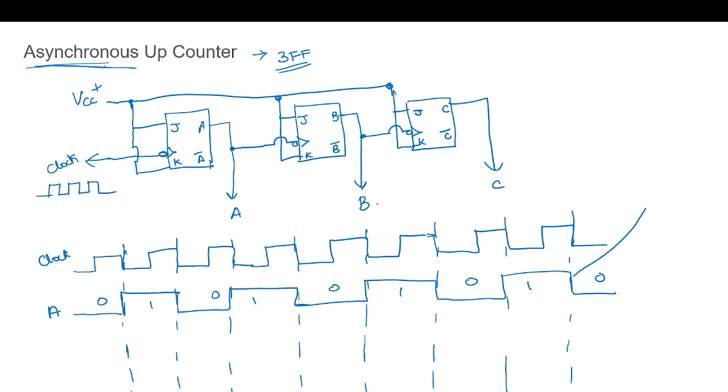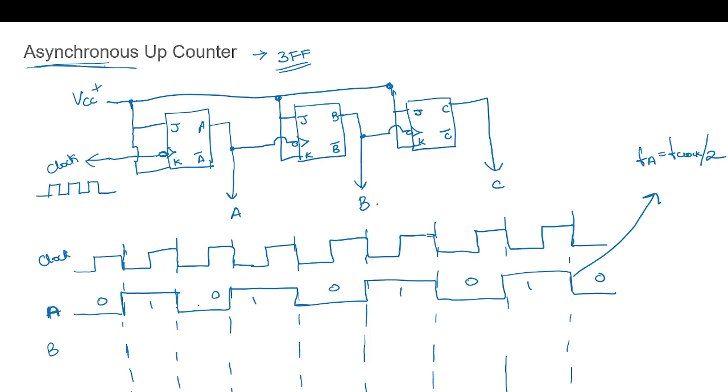If you see the frequency of this FA, we observe that it is F clock by 2. Next, for B, B will also operate at the negative edge, but here A will be the clock.